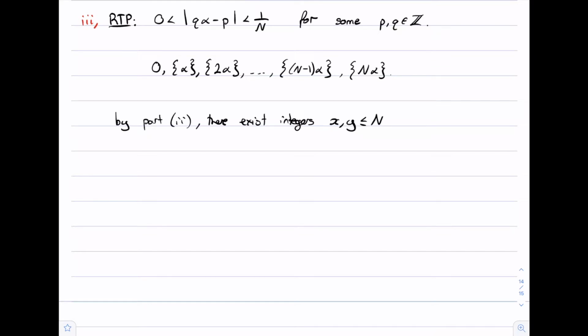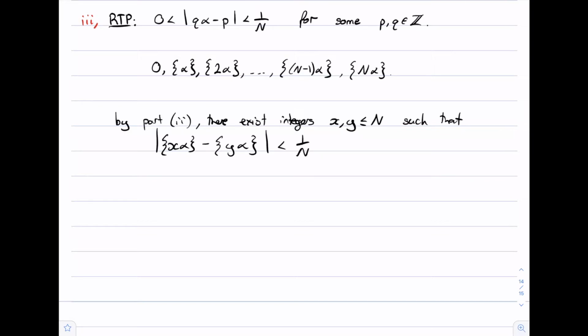So we've got these two integers such that the fractional part of x alpha minus the fractional part of y alpha, the distance between them, because we don't know which one's bigger than the other one, so this difference could be negative, but we just care about the actual distance between them, is going to be less than 1 over n.